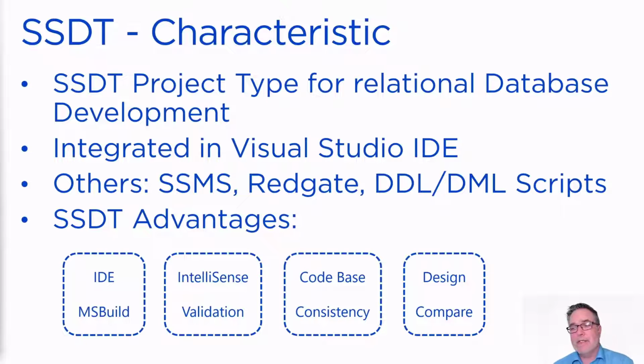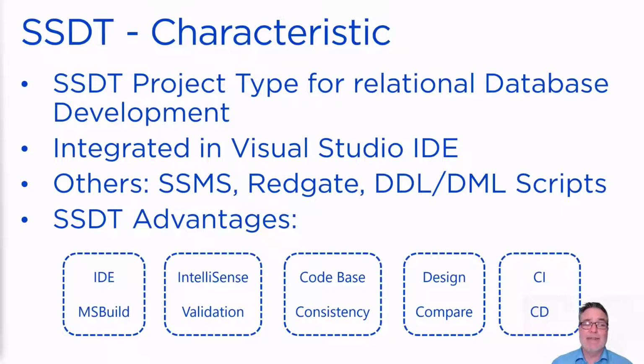Then we can use a design and compare functionality. So in order to check some change of the development database or have some DBA specialist working on some performance optimization, we can easily compare those changes and convert it back from code or publish the code changes towards a database, a development database, or later on in the CI/CD process to the target database.